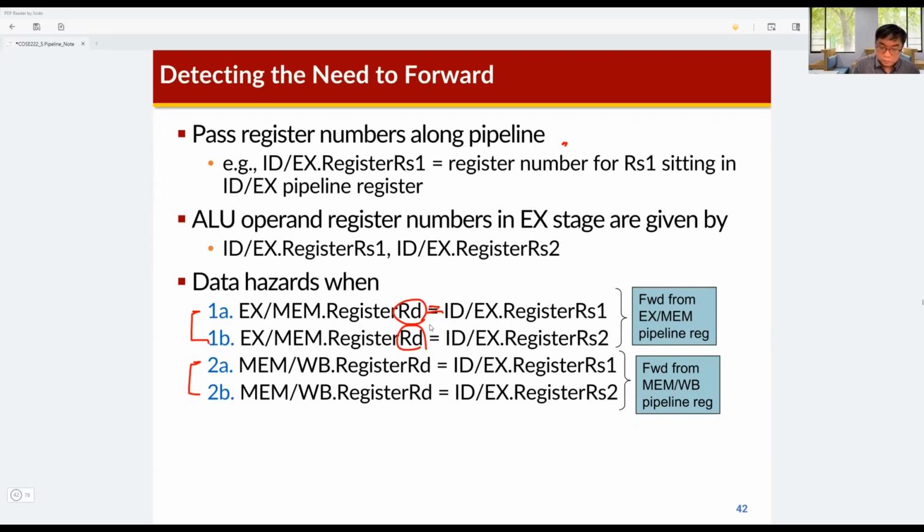We check the RD of the memory/write back pipeline register against RS1 of the ID/EX stage. So the first condition is for data forwarding from the EX/MEM pipeline register to the ALU, and the second condition is for forwarding from the memory/write back pipeline register to the input of the ALU.